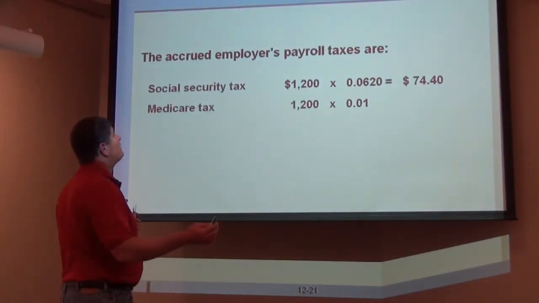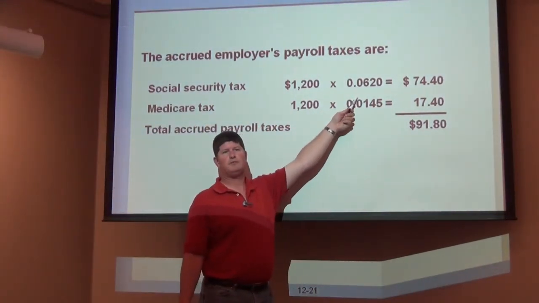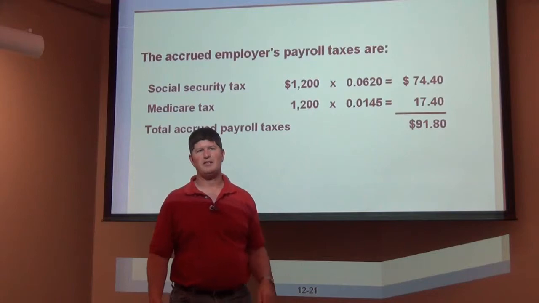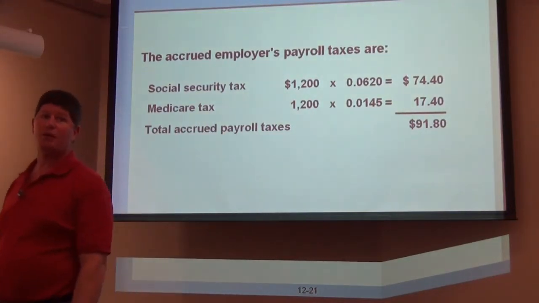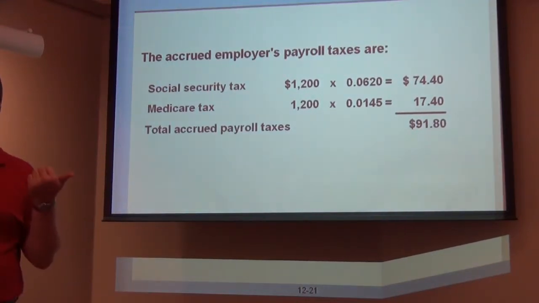Then you go ahead and you calculate the payroll taxes. Use the statutory rate. Calculate the payroll taxes, estimate what your employer's payroll tax expense is. What are the employer's payroll tax expenses? Social Security, Medicare, federal unemployment tax, state unemployment tax, what else?